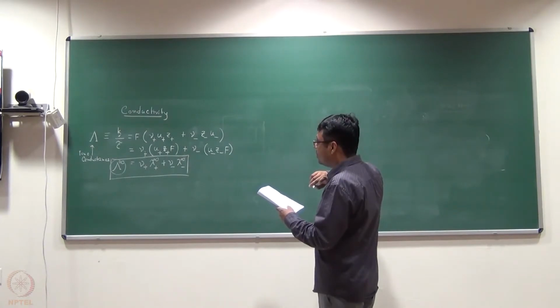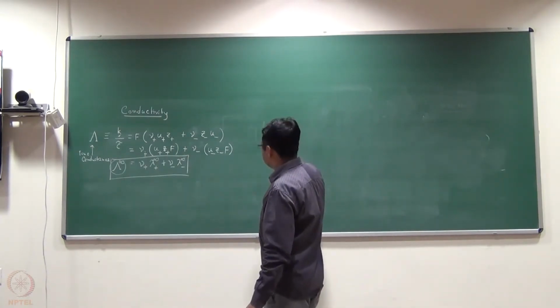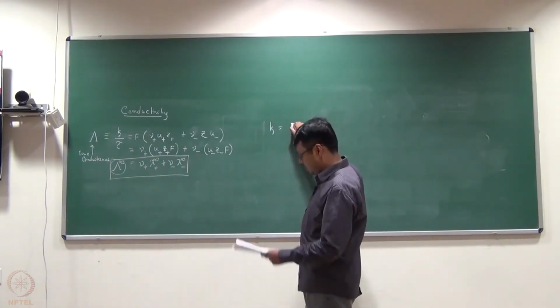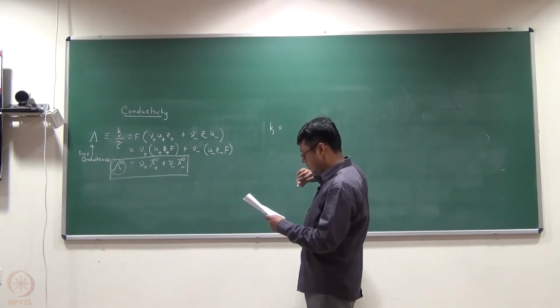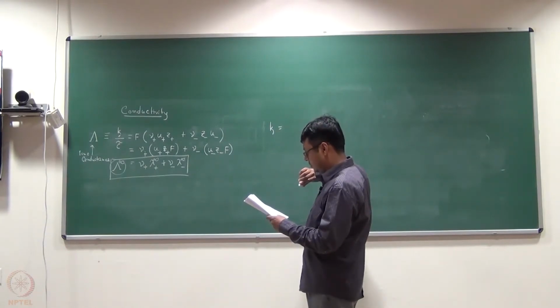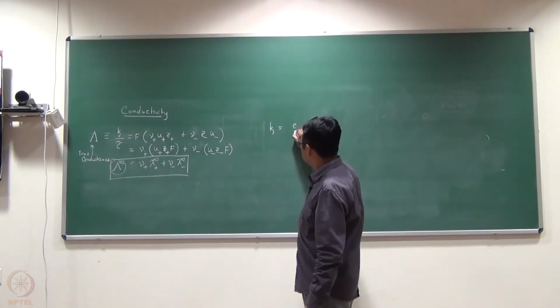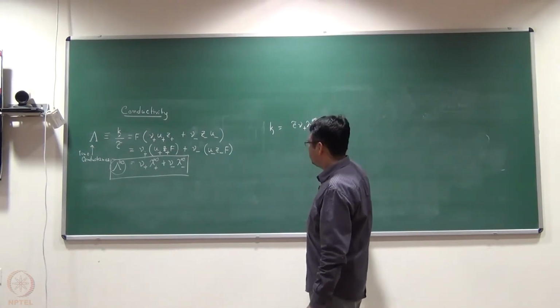So we wrote it like this. This kappa is nothing but C tilde times nu plus times lambda plus infinity.